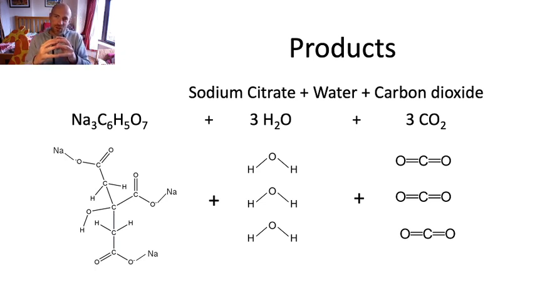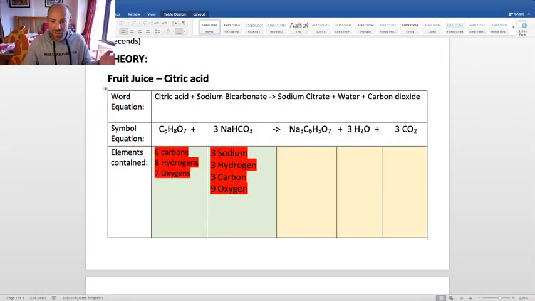Because what I'd like you to do now is try and fill the rest of the sheet in: label the reactants, label the products, and write down from the symbol equations how many of each type of atom are in there. P stands for phosphorus. This is the main part of work I would like you to do.